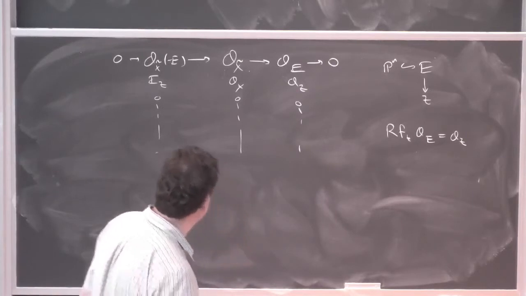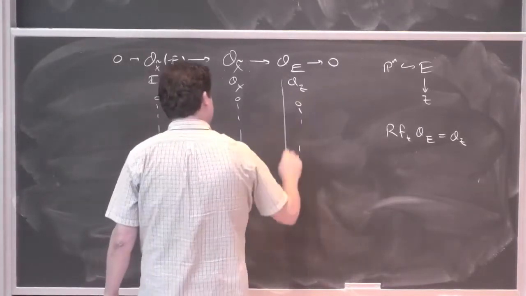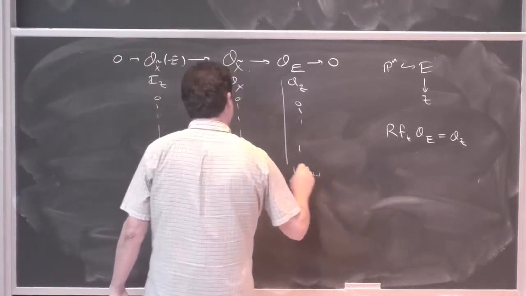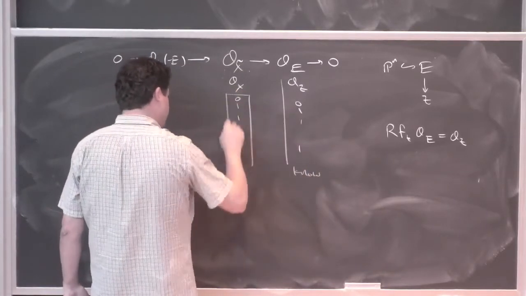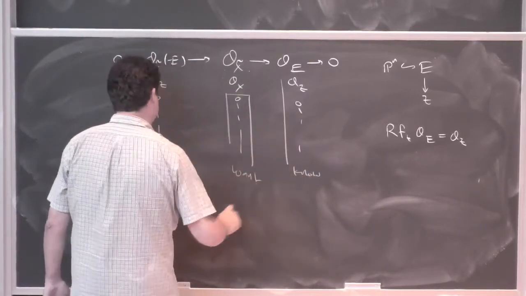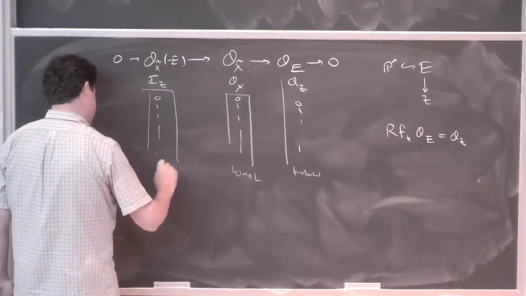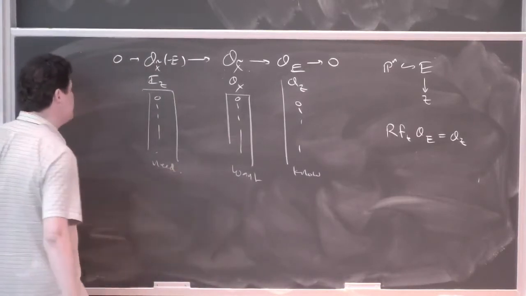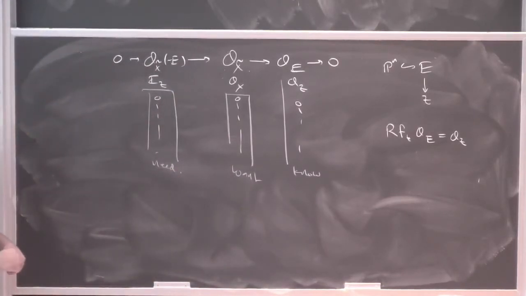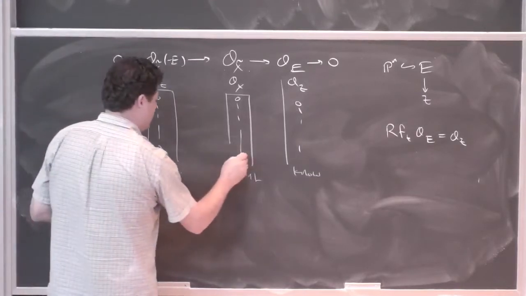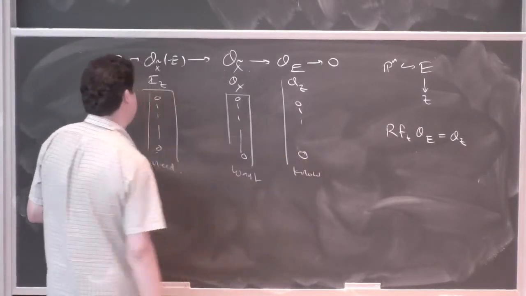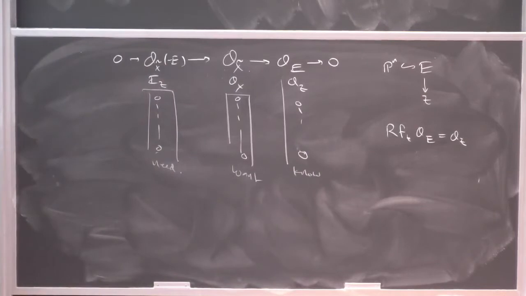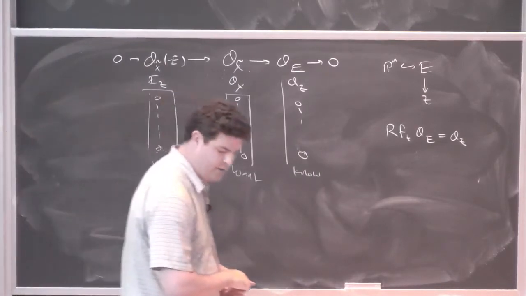But this part we know. This we want. We want this to be 0, so this is what we need. That these are all 0. And so we'll keep inducting.